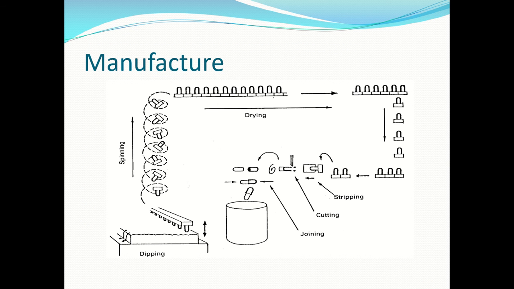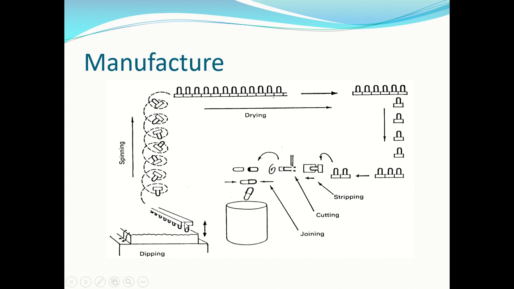There are pins, shaped like bullets, which are dipped first in the gelatin so that it is uniformly distributed.